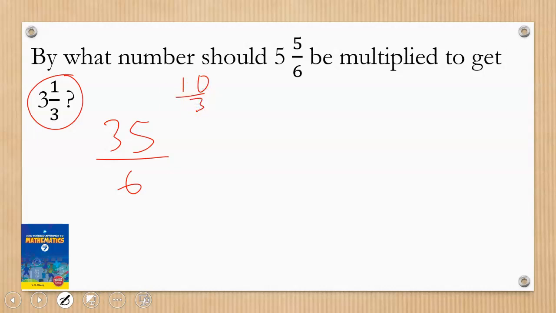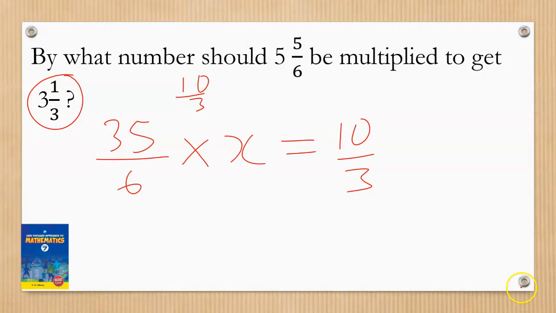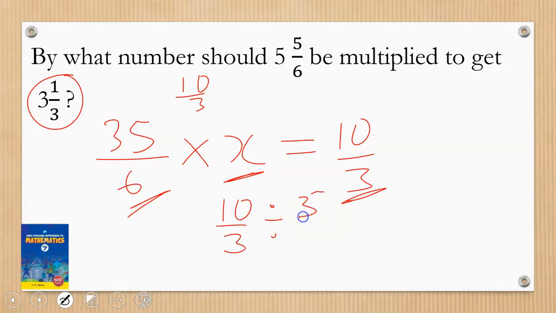Now the question is, by what number can we multiply this to get a result of 10 divided by 3? So it means that we need to divide this number, that is 10 over 3, by that, so we can get the result. So we have 10 divided by 3, also divided by 35 over 6.